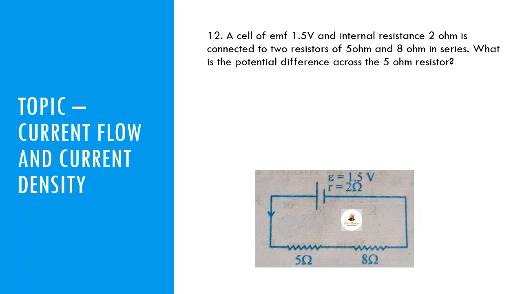The picture is given, and in the picture 5 ohm and 8 ohm two resistances are connected in series. The EMF of the connected cell is given and its internal resistance is also given. We have to find the potential difference across the 5 ohm resistor.